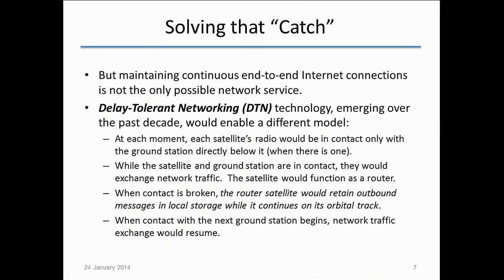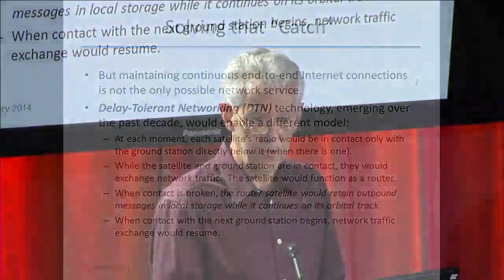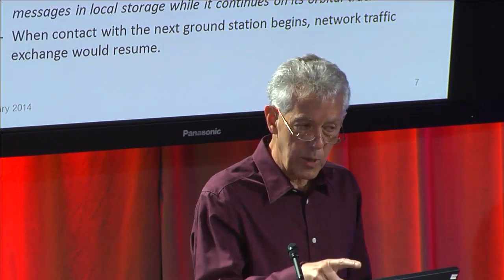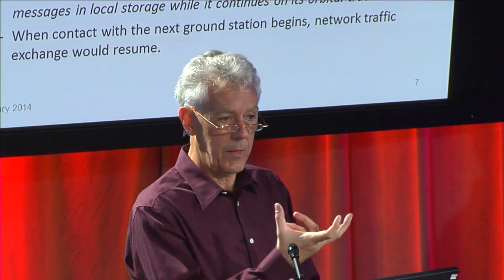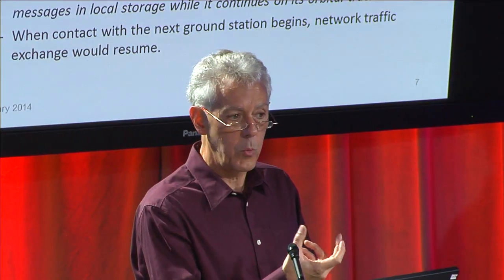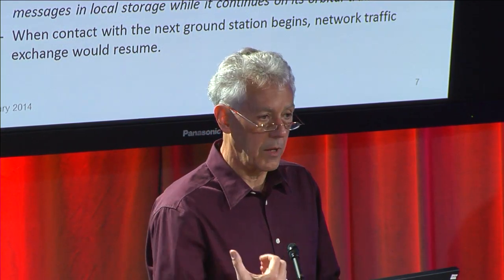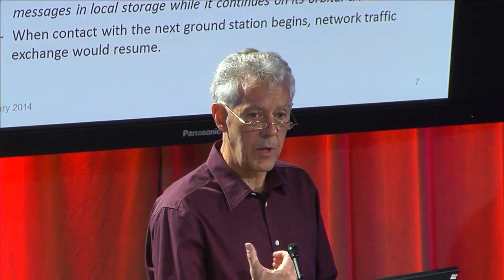The satellite would hold the data in memory, and the satellite's physical movement along its orbital track would constitute essentially transmission of the data. When contact with the next ground station begins, network traffic exchange would resume with that ground station, and maybe some of the data that the satellite is holding in memory would go to the ground, maybe some would remain until a subsequent contact with another ground station.